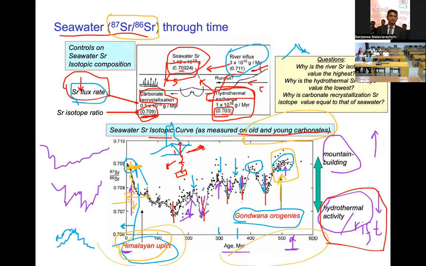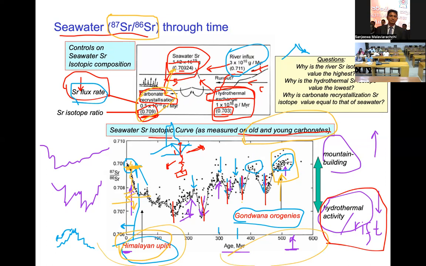Then you can find out their composition. And you see here, carbonate crystallization gives almost the same as the seawater isotopic composition, right? This is the present day. So that means carbonates were in equilibrium with seawater. So we can assume in the past also the carbonates were in equilibrium with the seawater. Therefore, the isotopic composition you get from a carbonate, a fossil, or the shell of a dead creature should be equal to the seawater isotopic composition. That is how this curve is generated.